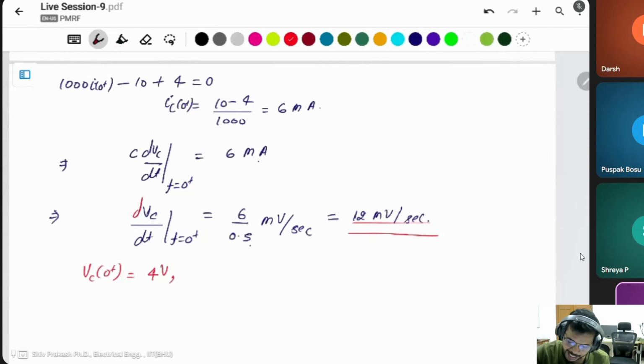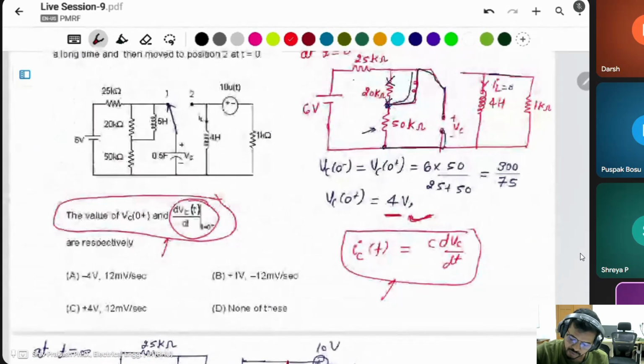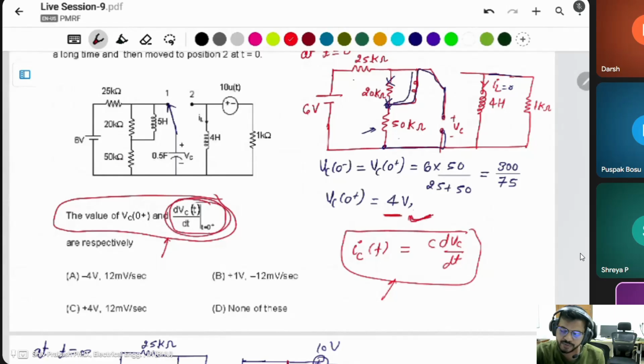And when asking this type of question, like dVc by dt, this is the initial current. The rate of change of voltage is given in the question, but this is simply the initial current. If you find the current, then you will get the answer.